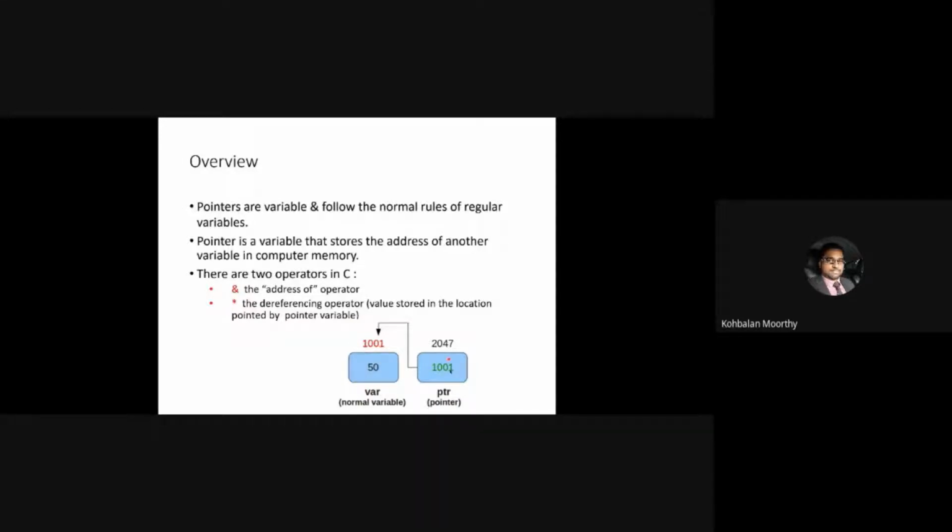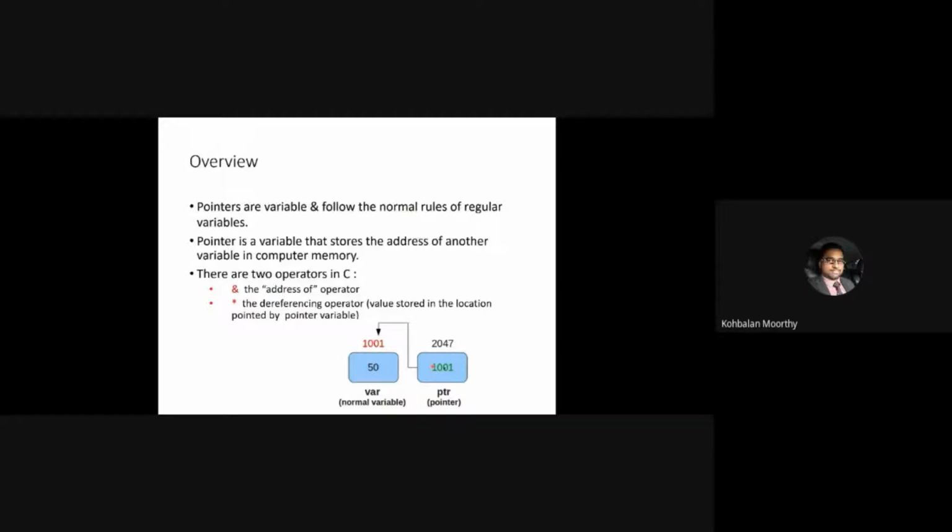When it comes to pointer, you declare this variable named ptr, and when you use the asterisk, this ptr variable will be converted to a pointer. The difference between a pointer and a normal variable is that for a pointer variable, the value that it stores is actually the address of the variable that it is pointing to.